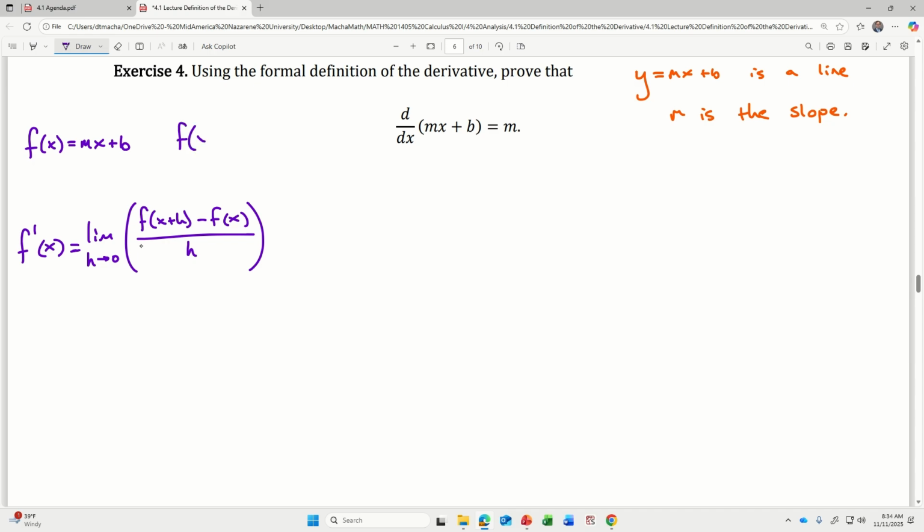F of x plus h is m times parentheses x plus h plus b. So we just plug that function wherever x is, with x plus h. Exactly. Okay.